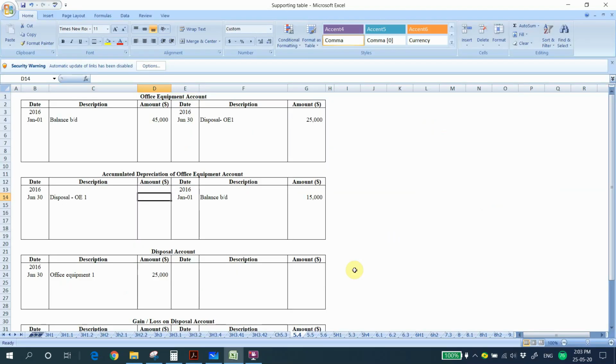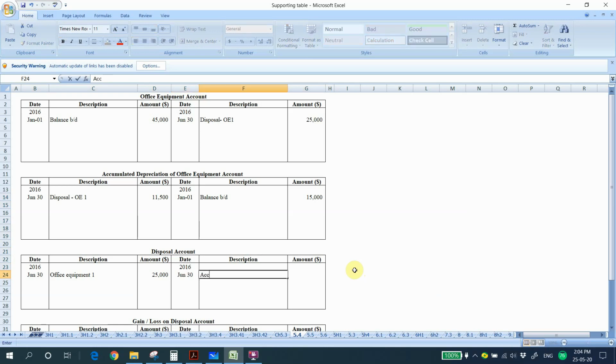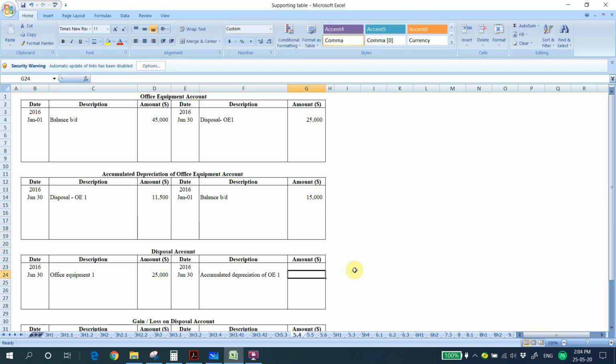So 11,500, and then we recognize this amount to the disposal account: 11,500.